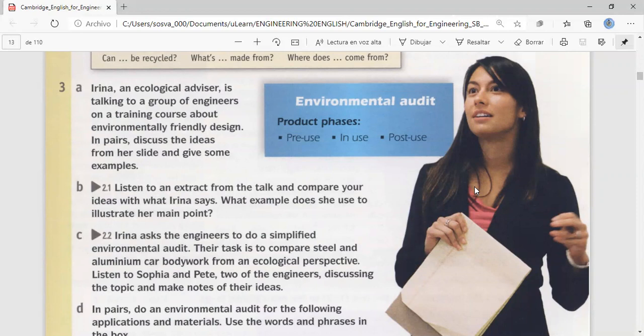So, Irina, as an ecological advisor, is talking to a group of engineers on a training course about environmentally friendly design.